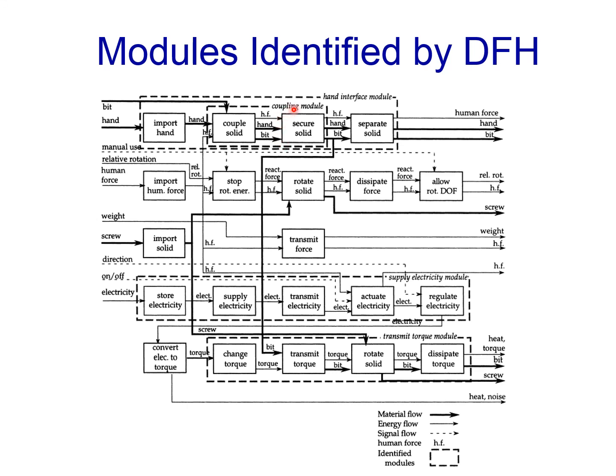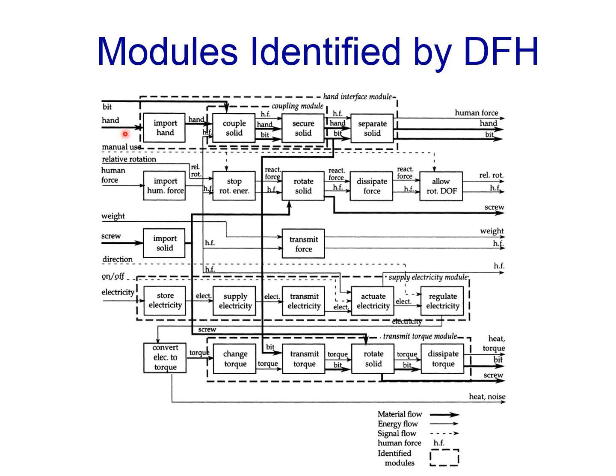The flow hand right here identifies a superset of the coupling module, which also encompasses the separation of the bit from the device.